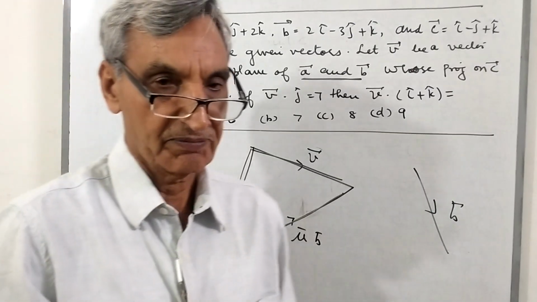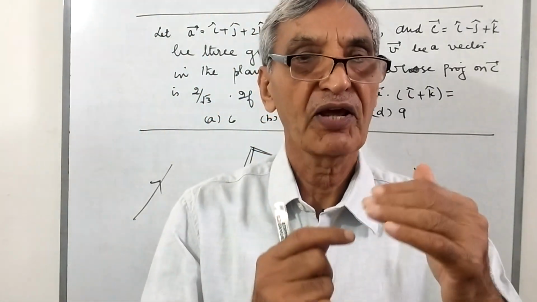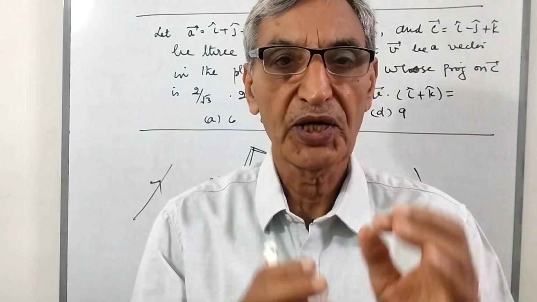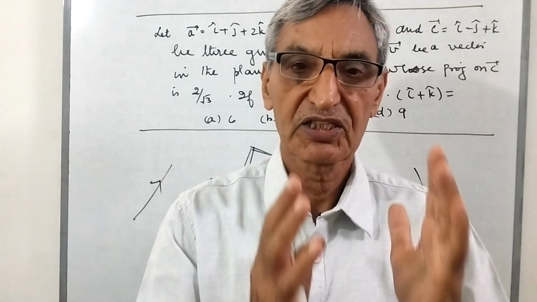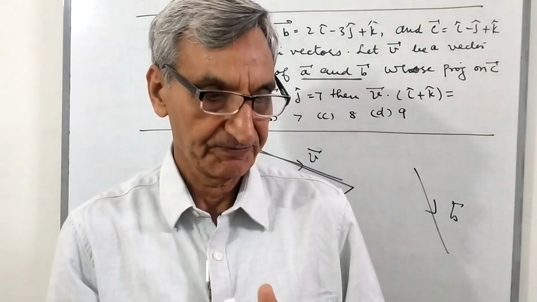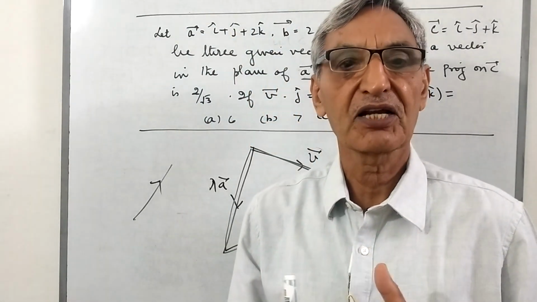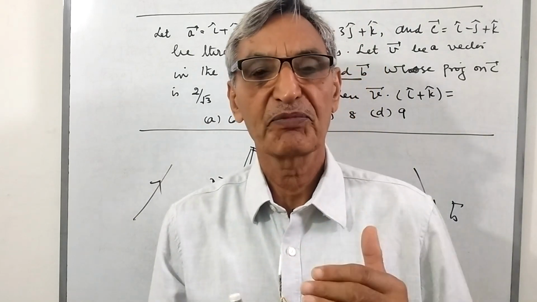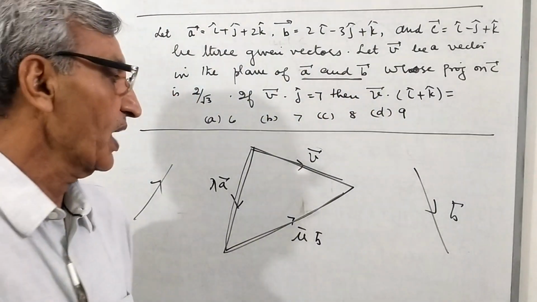This is the first concept. If any vector is placed in the plane of two vectors, then that vector can be represented as a linear combination of these two vectors.